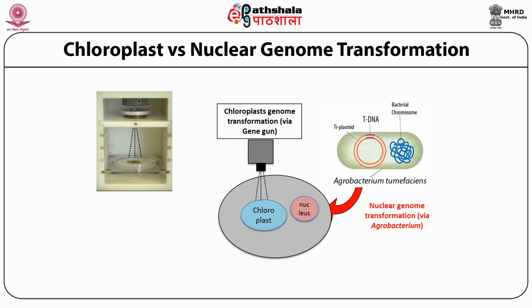But generally for chloroplasts, the most popular method is the gene gun, which propels your DNA coated on gold particles, using helium gas, into the callus or leaves. So this is the direct method.